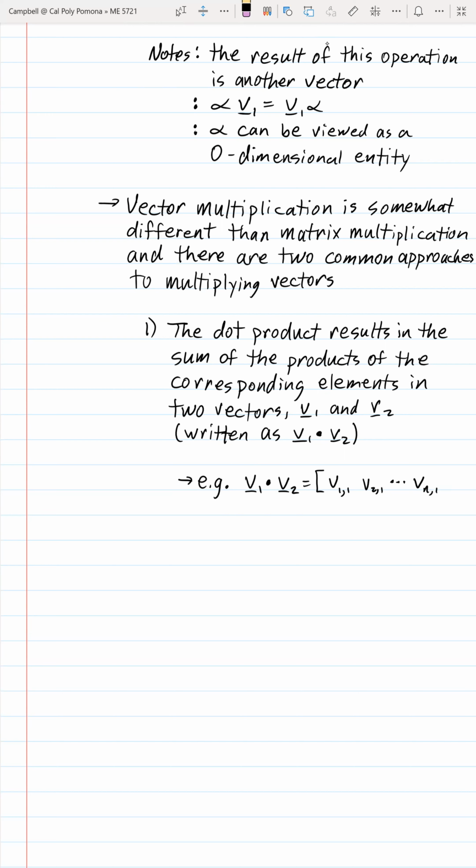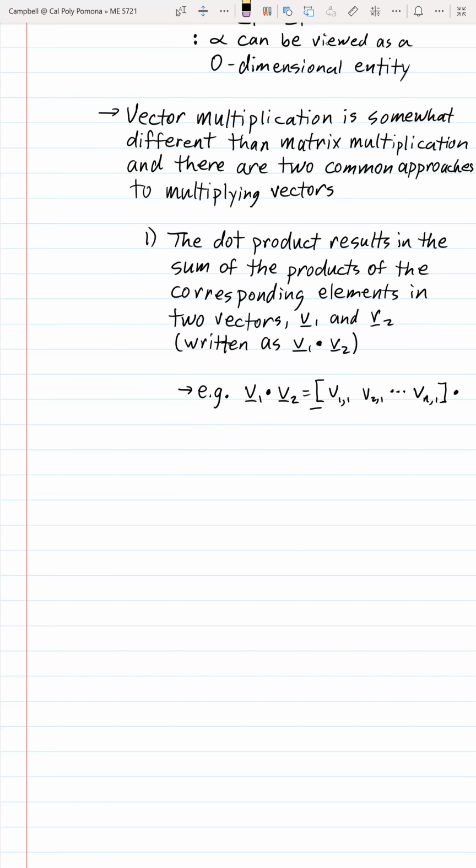We're going to say that that is dotted into v1,2 through vn,2, because now we're talking about the second vector.